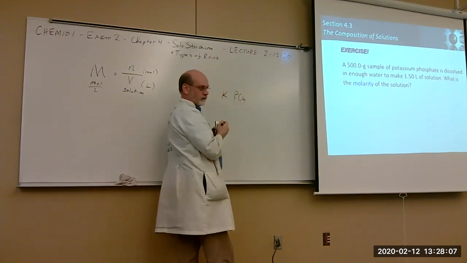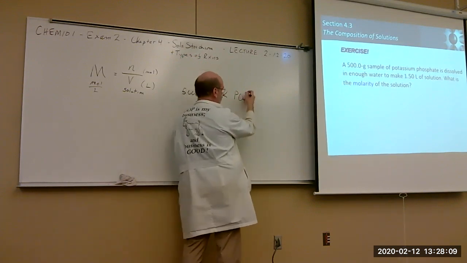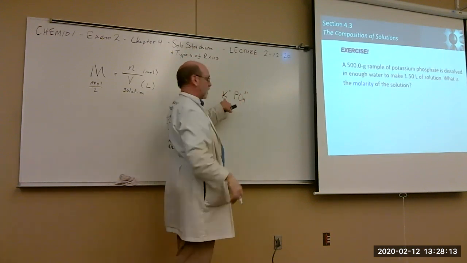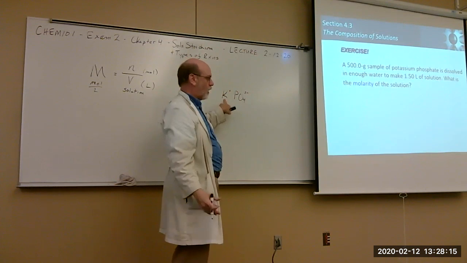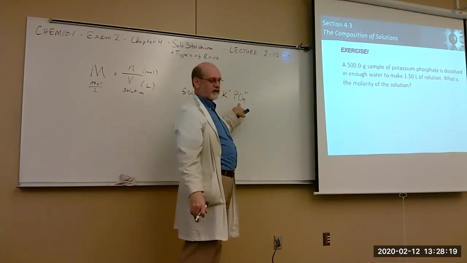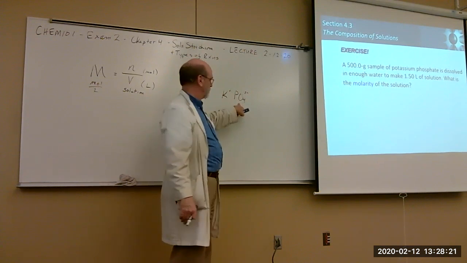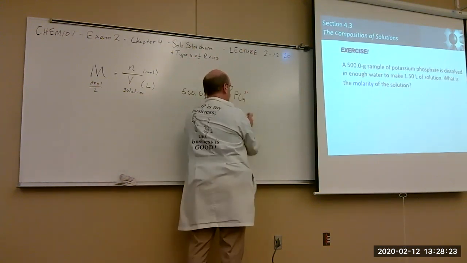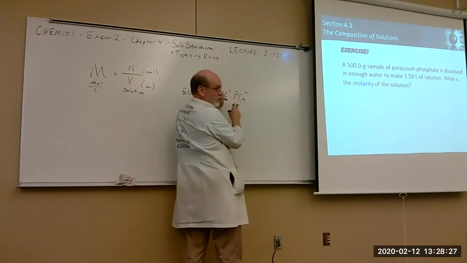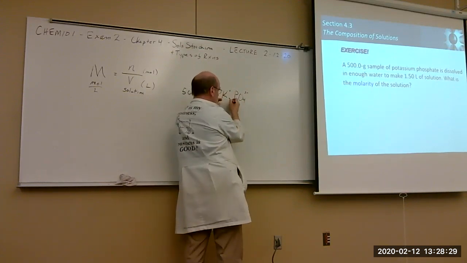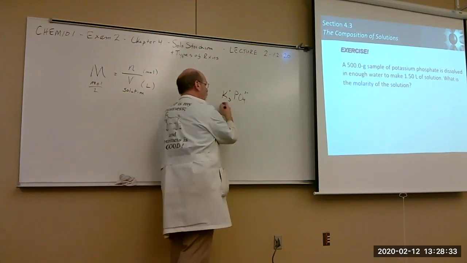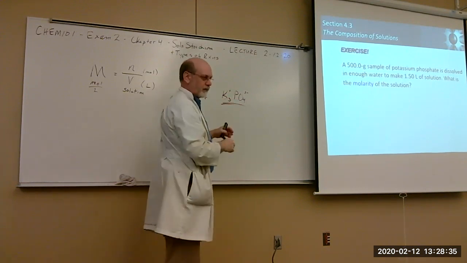It's PO4, and it has a 3- charge, and potassium has a 1+ charge, because that's an alkali metal, always 1+. Polyatomic ions have fixed charge, and this group has 3 minuses. This ion would only have 1+, so we need 3 of them to balance the charge. Now we have our formula, K3PO4.